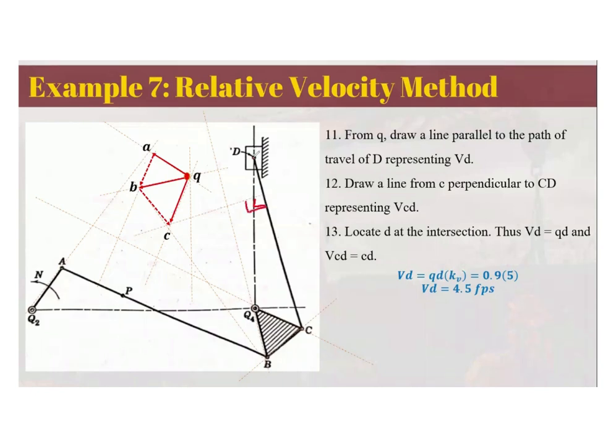So this is perpendicular to CD, this particular line here from the head of C. And then at the point of intersection, that is where we can locate point D, and thus we are able to obtain the velocity QD, or velocity of D, that is QD. And then the velocity of D with respect to C is your line joining C to D.